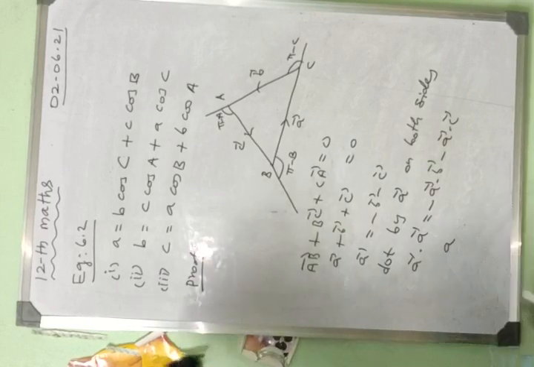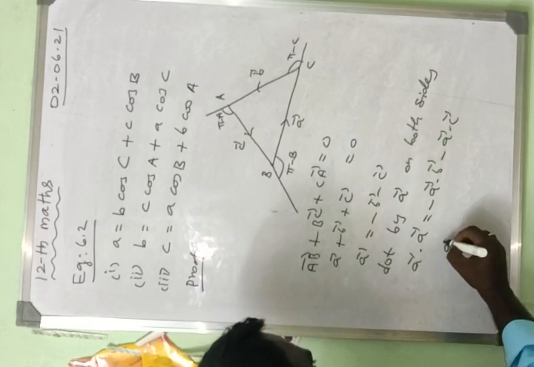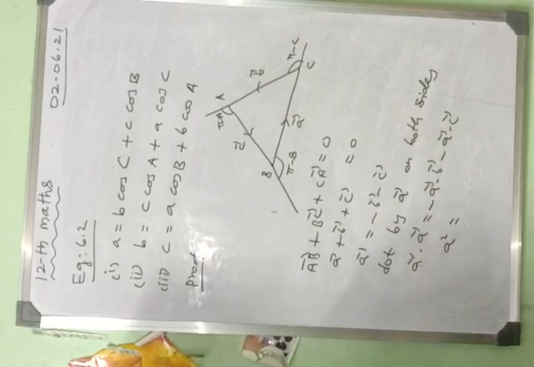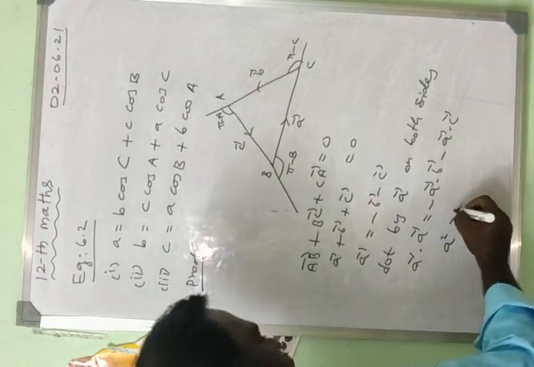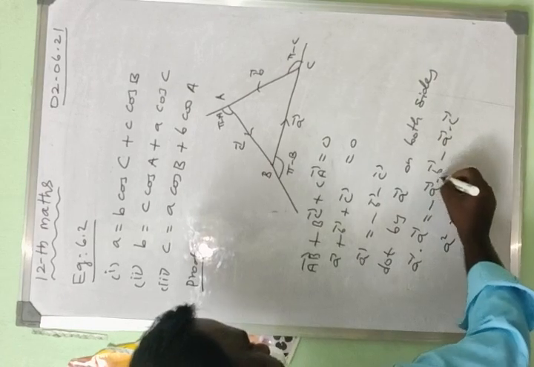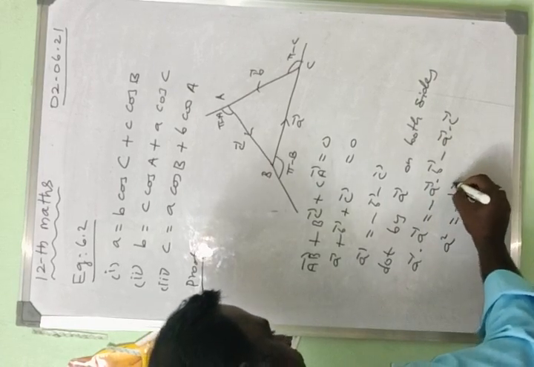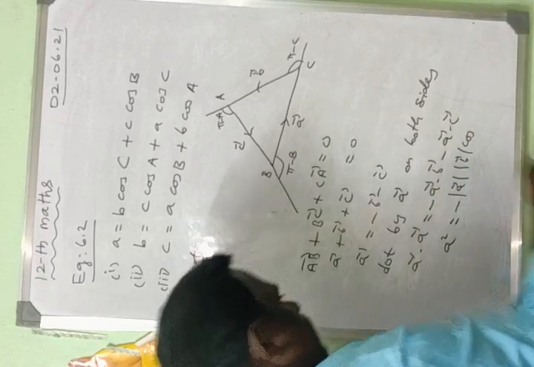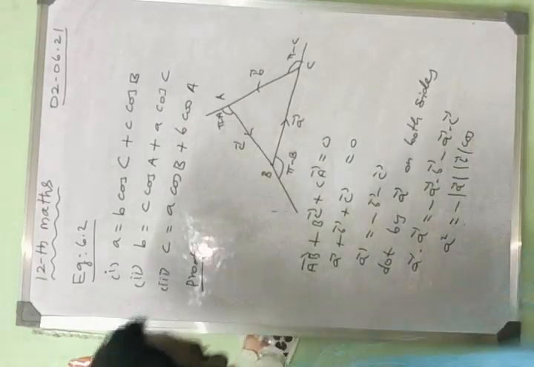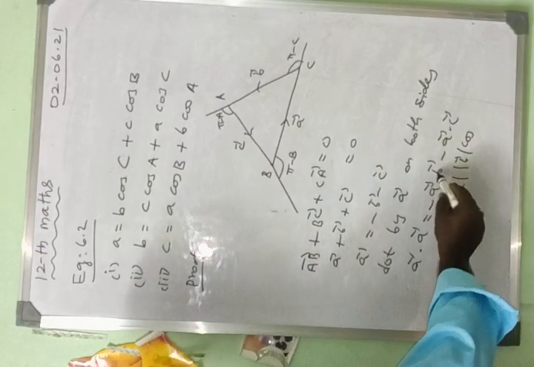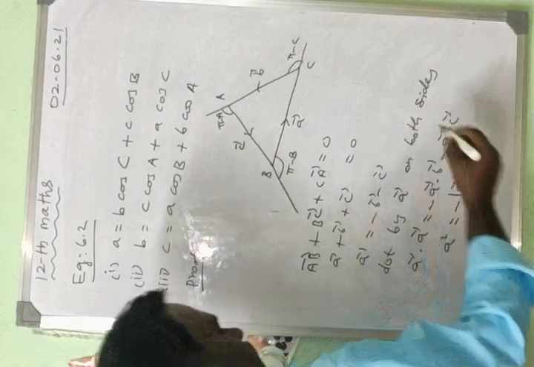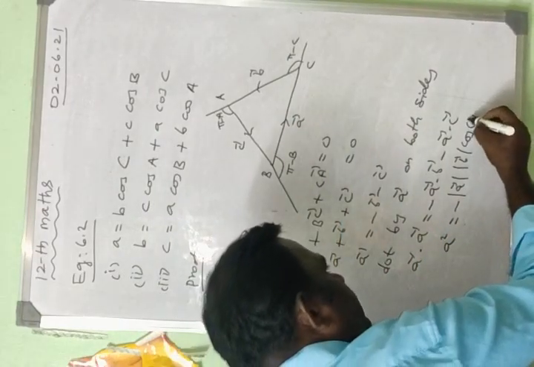Vector a dot vector a gives a square directly. Then minus vector a dot vector b. What is the definition? Mod of vector a, mod of vector b, cos theta. The dot product definitely puts cos. Here the a side and b side, what is the outer angle? Pi minus C. So you put pi minus C.